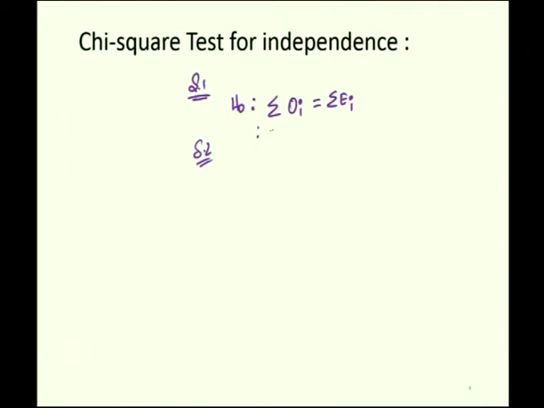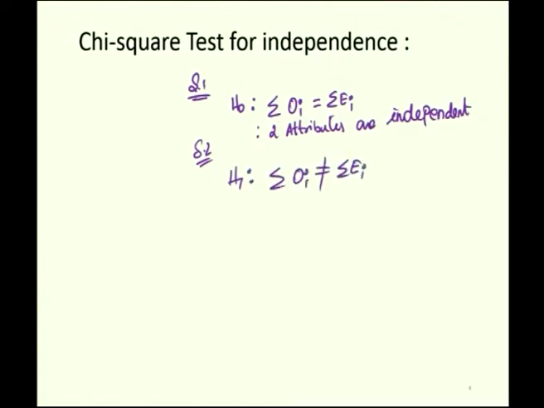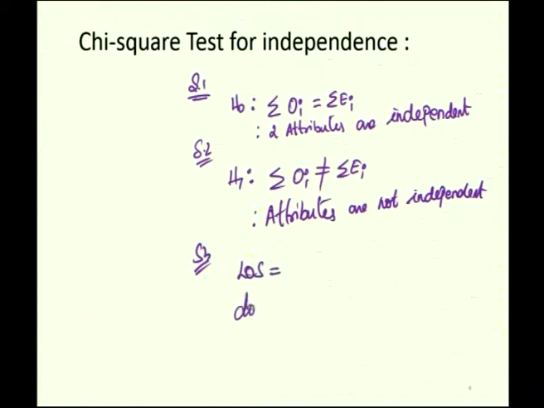In words we say that the two attributes are independent as far as H0 is concerned, and H1 we set up summation OI is not equal to summation EI, and we say that the attributes concerned are not independent.